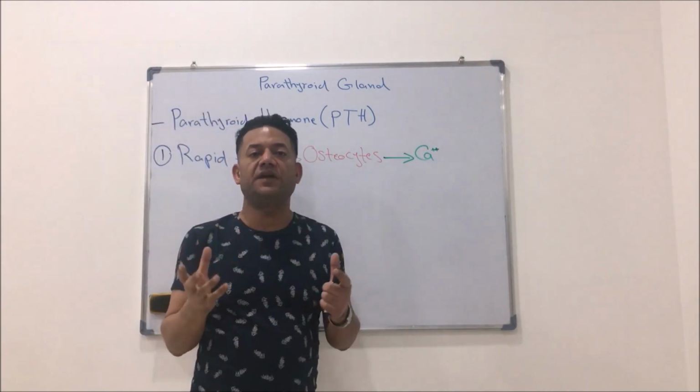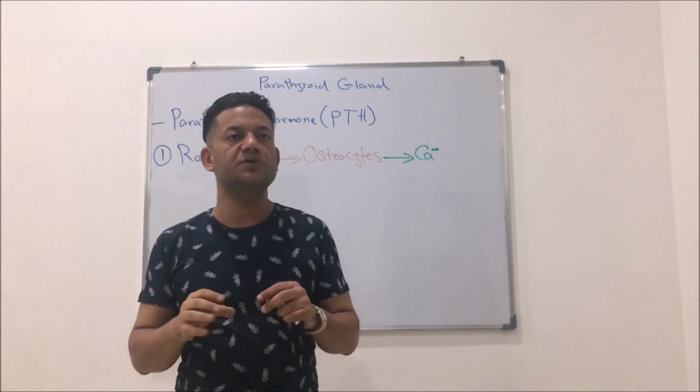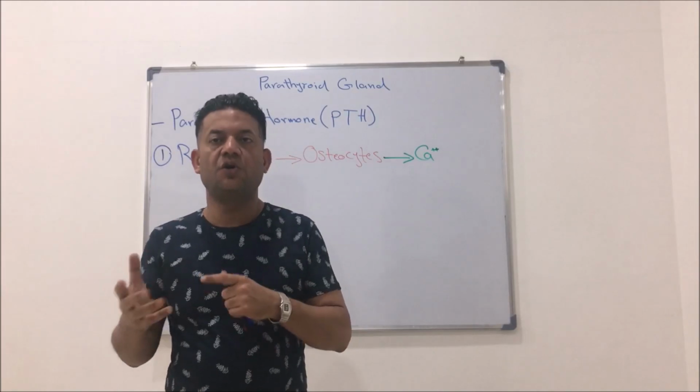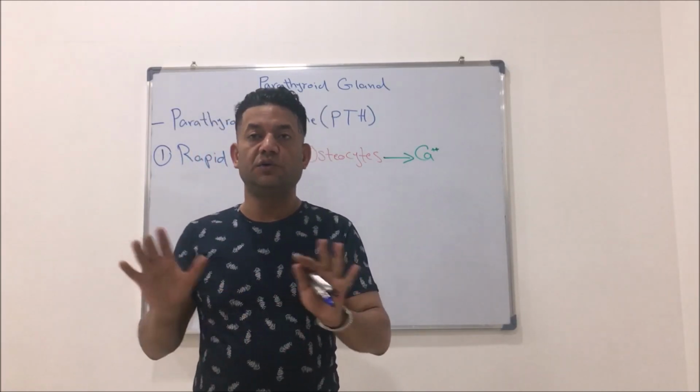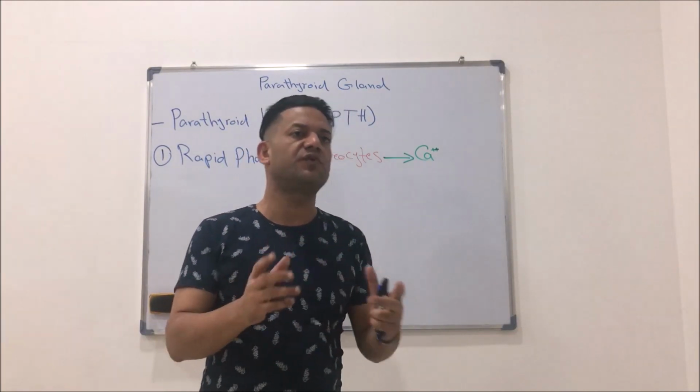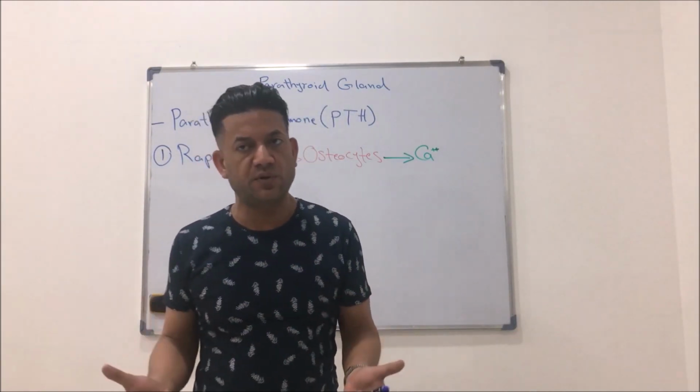This is the rapid phase. In response to what? In response to decreased calcium ion concentration in the blood. So the parathyroid gland will be stimulated and calcium will be released from the osteocytes of the bone.